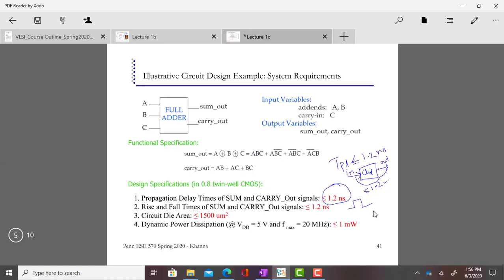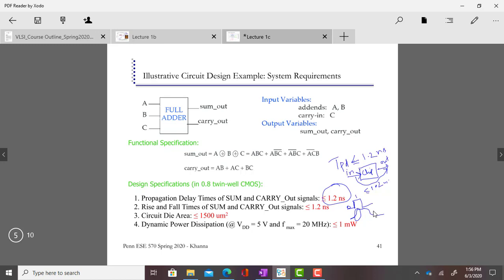If this is a digital signal, for a signal to go from 0 to 1 in a straight vertical line is impossible. What actually happens is you have a 0, but the 1 signal goes like this and the 0 comes like this. So you see, this goes slowly.